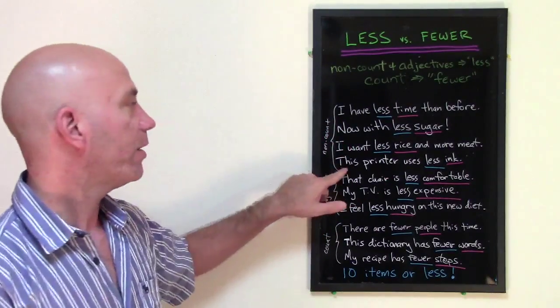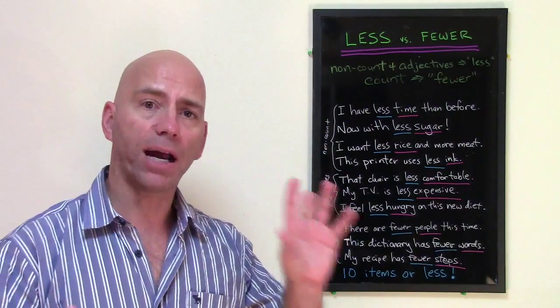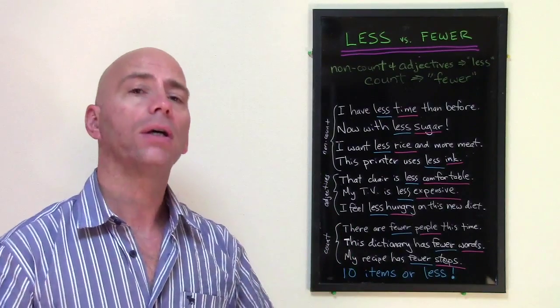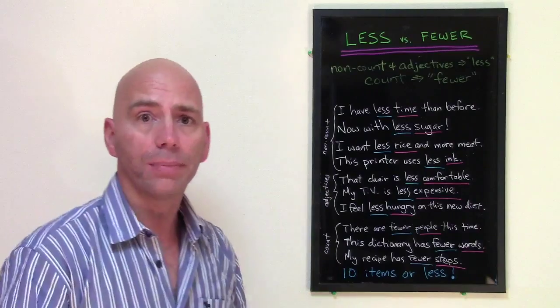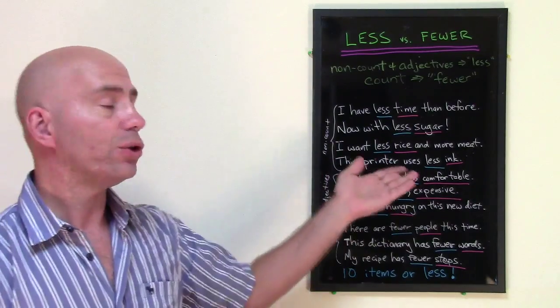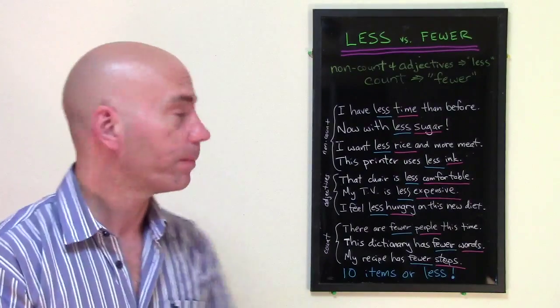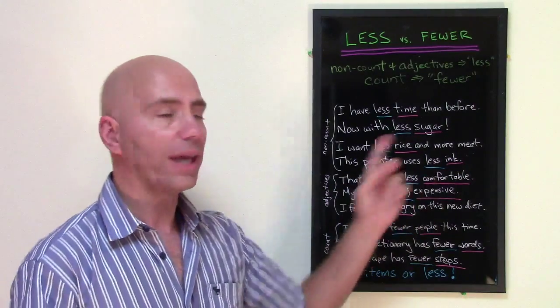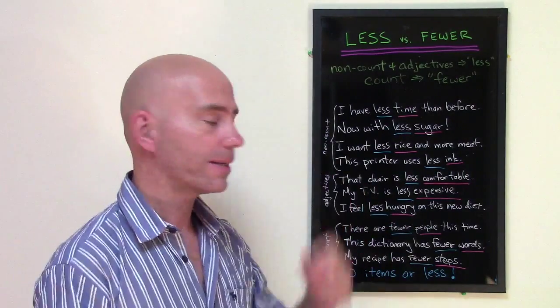This printer uses less ink. So if I'm comparing two printers, I say, oh, well, this printer is better because it uses less ink than this other one. Again, with ink, it's not counted, so we use the word less.